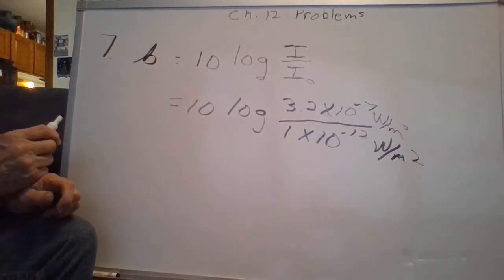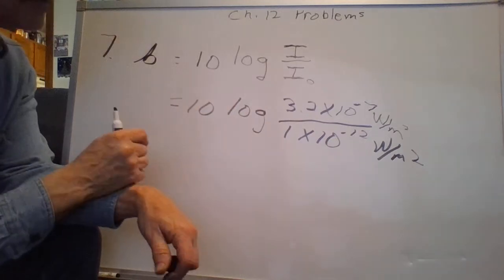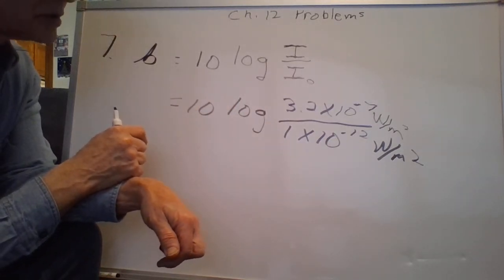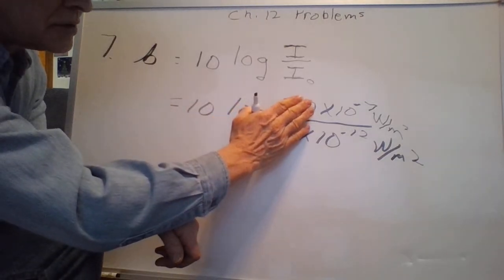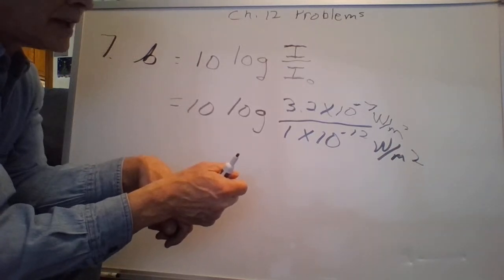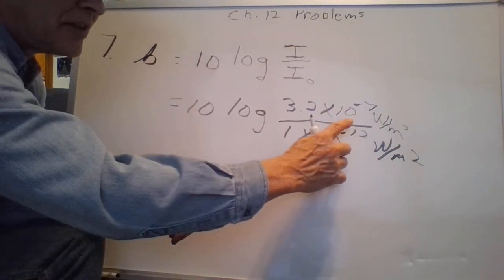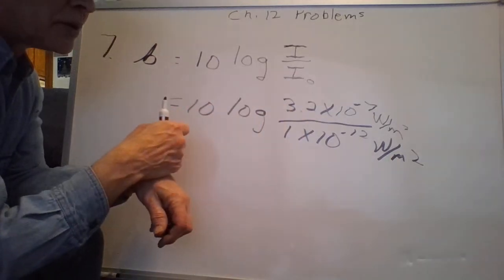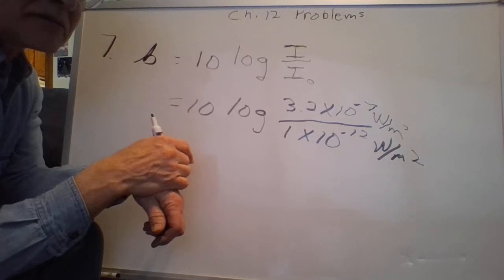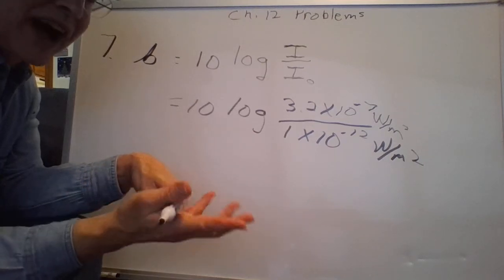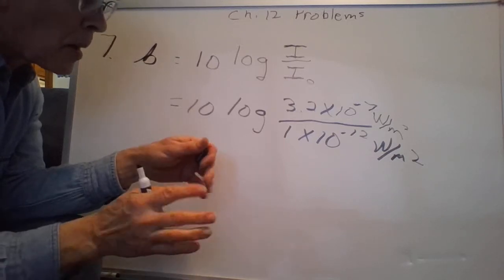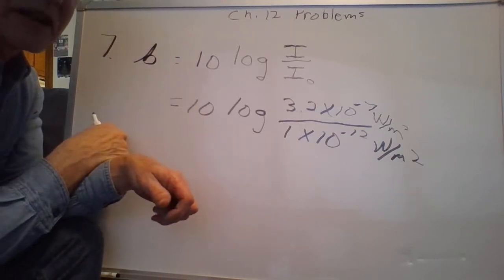Now, gosh, if that was a 1, that'd be easy enough. You could do that in your head, because then all you'd have to look at is dividing two numbers. We know you subtract the exponents. How much louder is 10 to the minus 7th than 10 to the minus 12th? Well, it's 10 to the 5th, right? The exponent is 5. We multiply times 10, we get 50. So roughly we're saying 50 decibels.